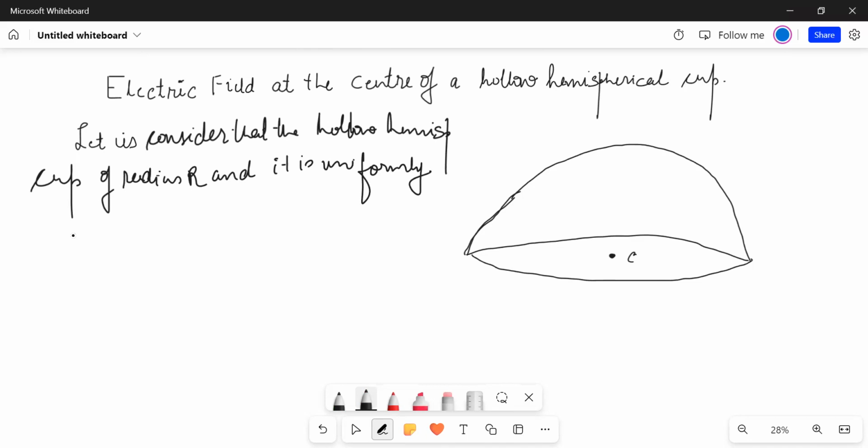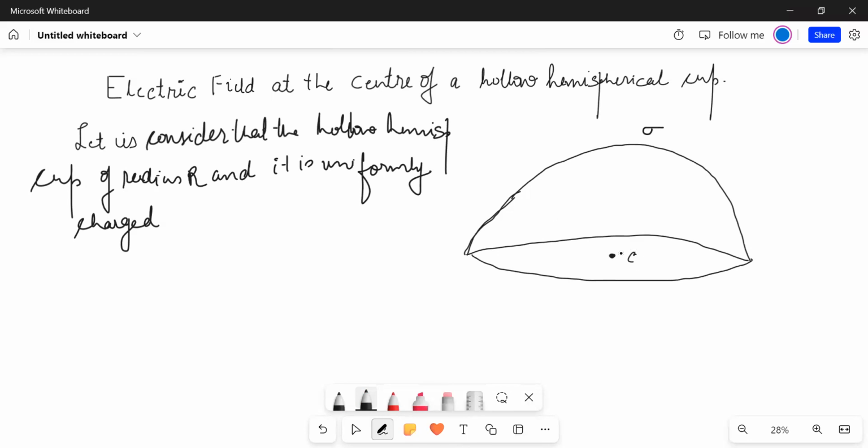The surface charge density is given to be sigma.